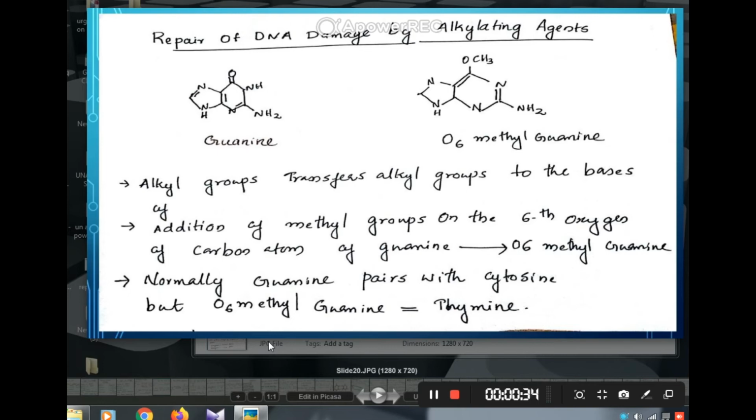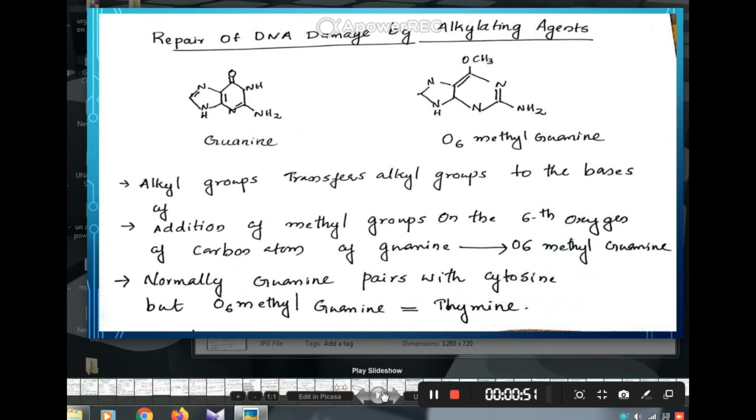Normally guanine pairs with cytosine, but O6 methyl guanine pairs with thymine.